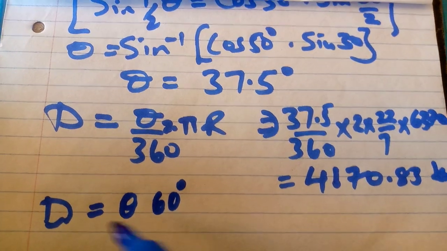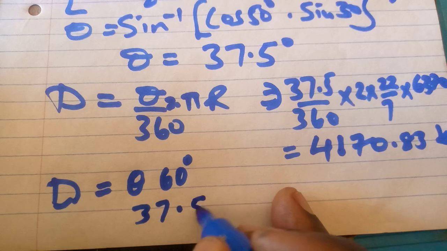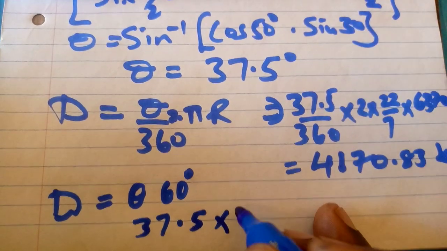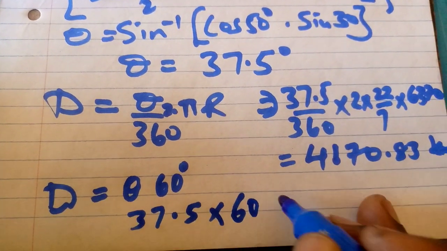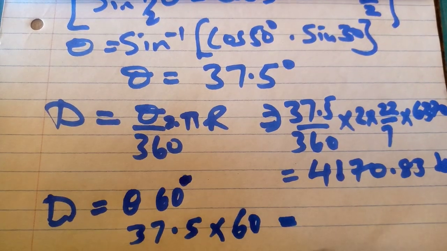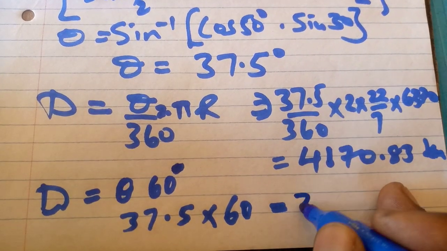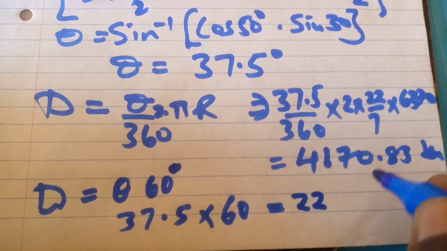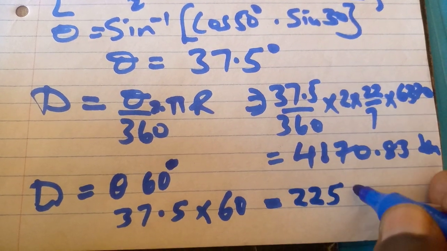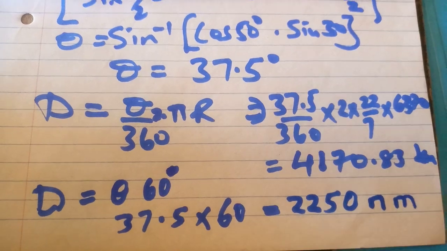So we got our theta as 37.5 multiplied by 60, not by 60 degrees, just 60. Then of course my answer is going to be 2250 nautical miles.